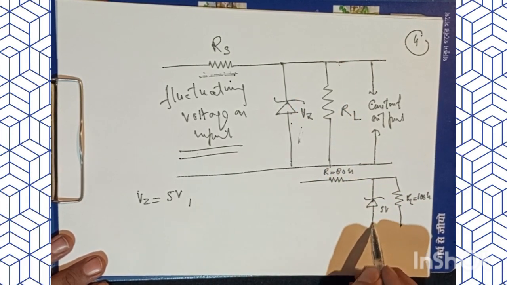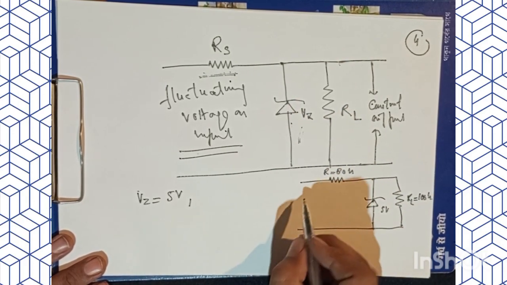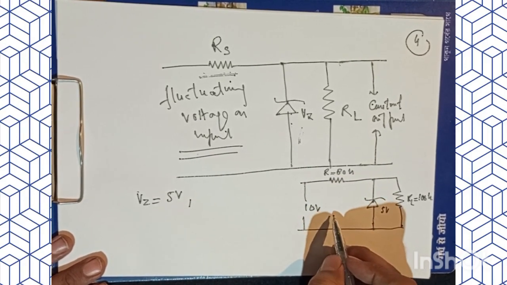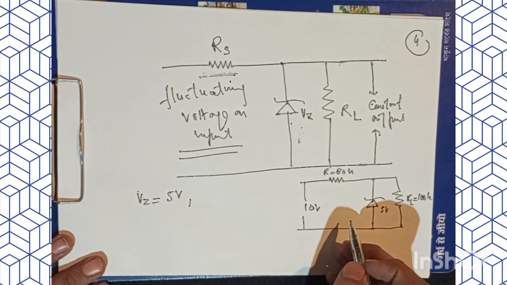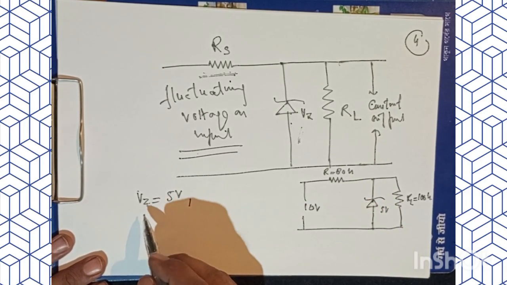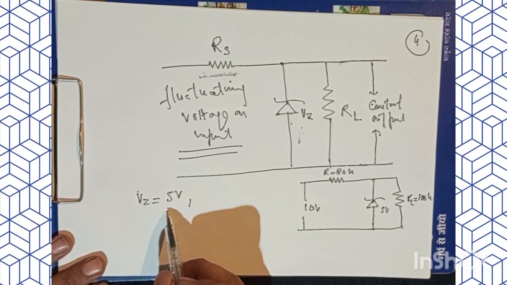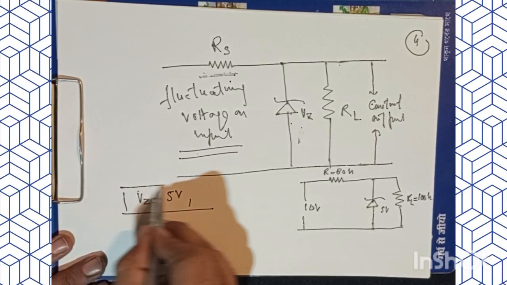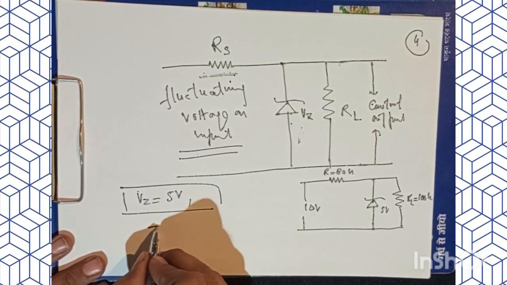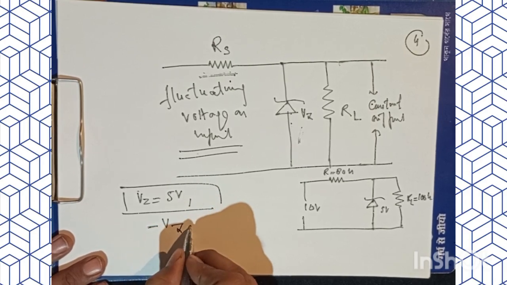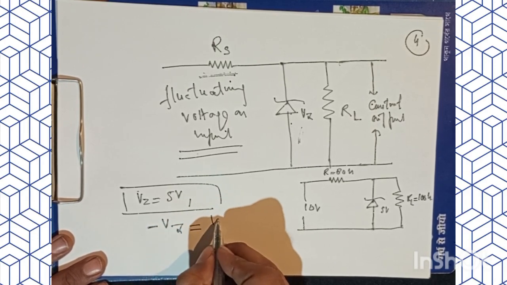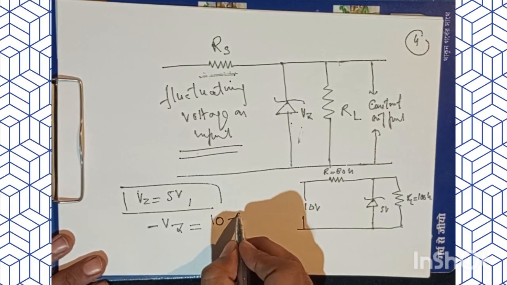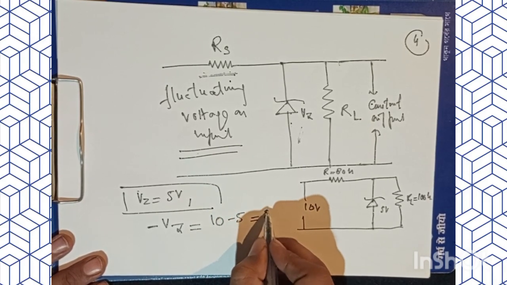Now, if I choose the input voltage, say for example, equal to 10 volts, and this VZ is 5 volts, then by convention it will be the subtraction of 10 volts and 5, and that is going to give me 5 volts.